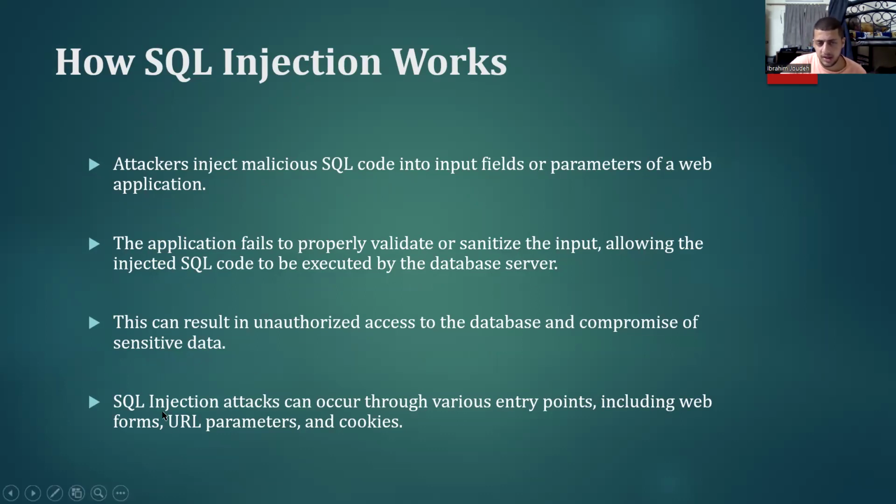SQL injection attacks can occur through various entry points, including web forms, URL parameters, and cookies. For example, you go to a website, you need to log in with your username and password. You log in, and the website fails to properly validate or sanitize the input.